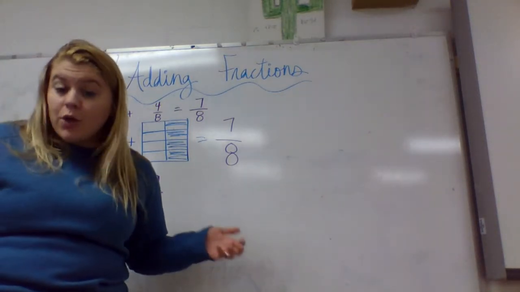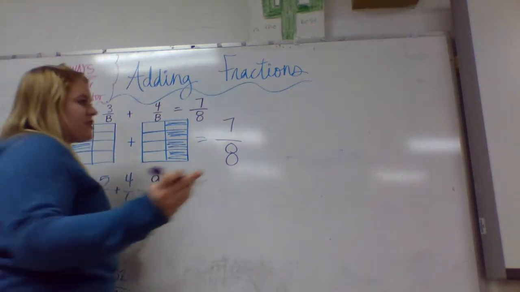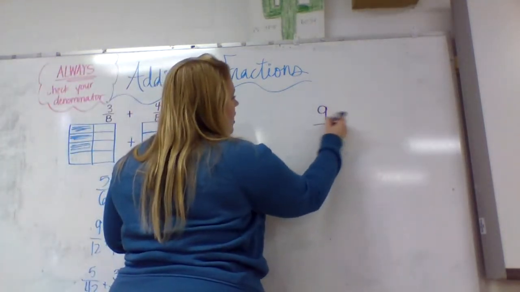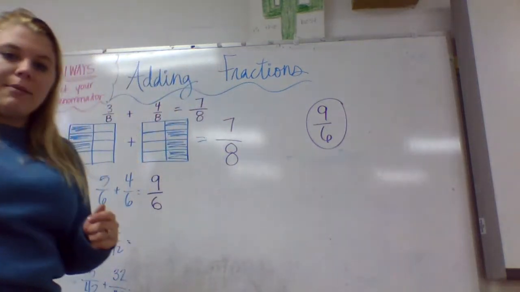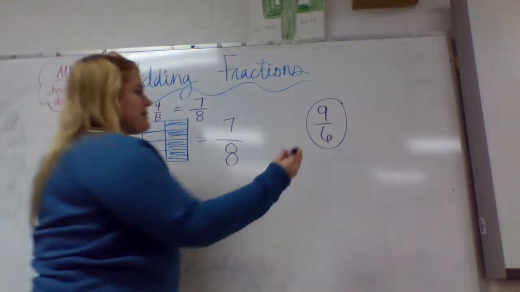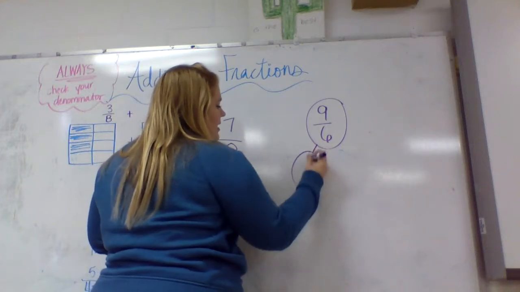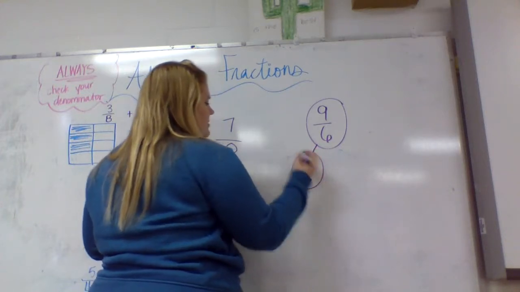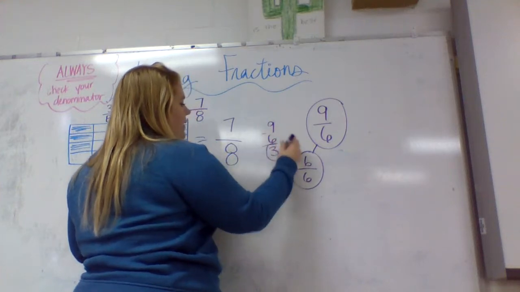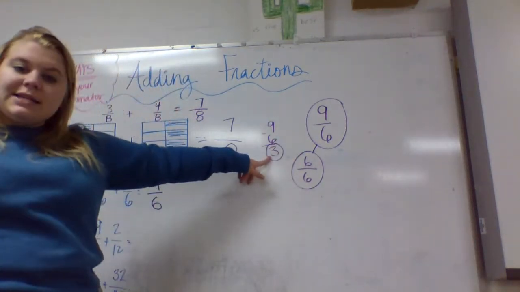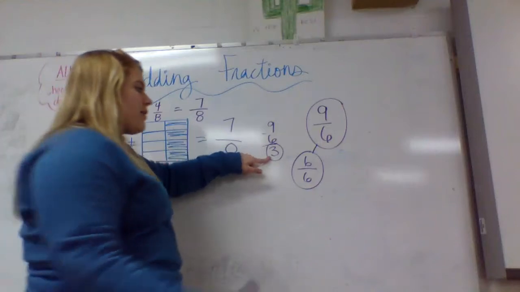PLP is going to let you keep it improper, but just for some practice, I want us to come over here and turn this improper fraction into a mixed number. 9/6, I know it takes 6/6 to make a whole. I had 9, I've used 6, I have 3 left. 3/6 is not enough for me to make another whole.